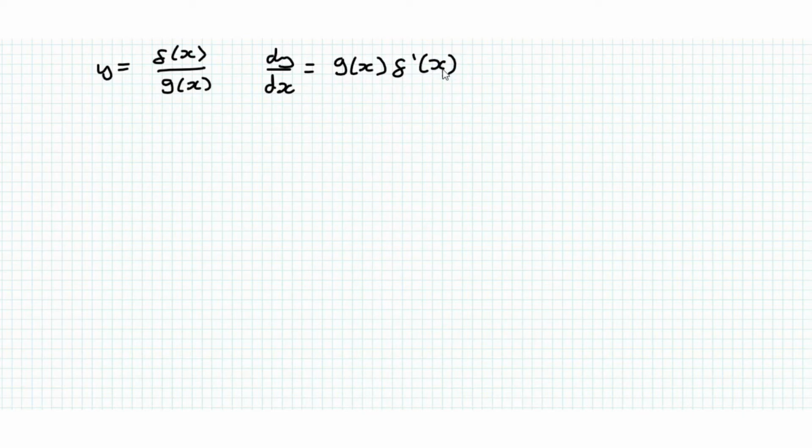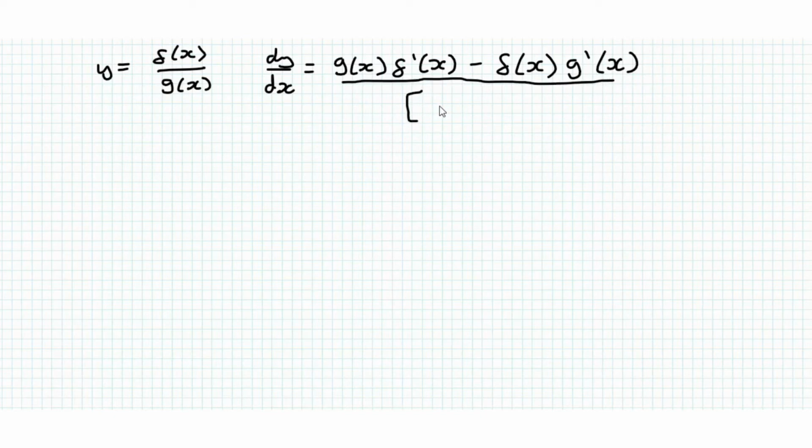It didn't with the product rule, really. Minus f of x g dash of x, and this is all over, and we'll go with the square brackets this time, squared.